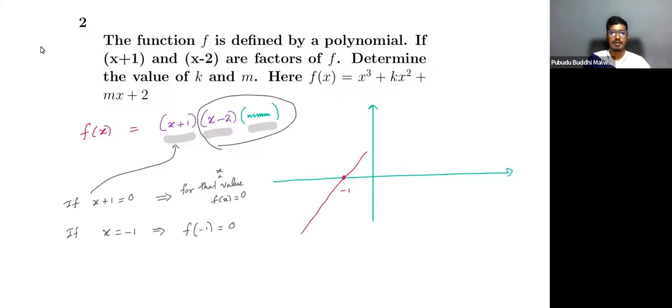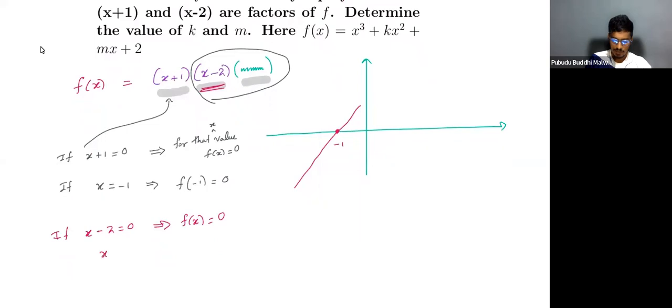Then, again, x minus 2. Now think about this one. Same reasoning. If x equals 2, f of 2 equals 0.